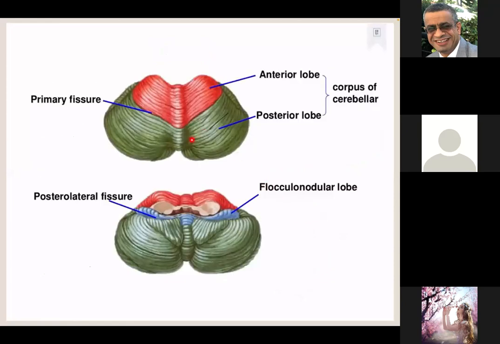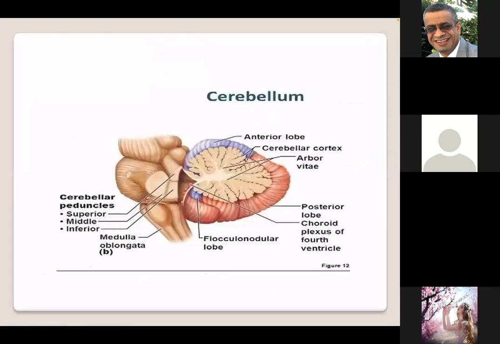This is from the posterior view: anterior lobe and the posterior lobe, with the primary fissure in between. From the anterior view: anterior lobe, posterior lobe, and the flocculonodular lobe, posteriorly the posterolateral fissure. Sagittal section: anterior lobe, posterior lobe, flocculonodular lobe.